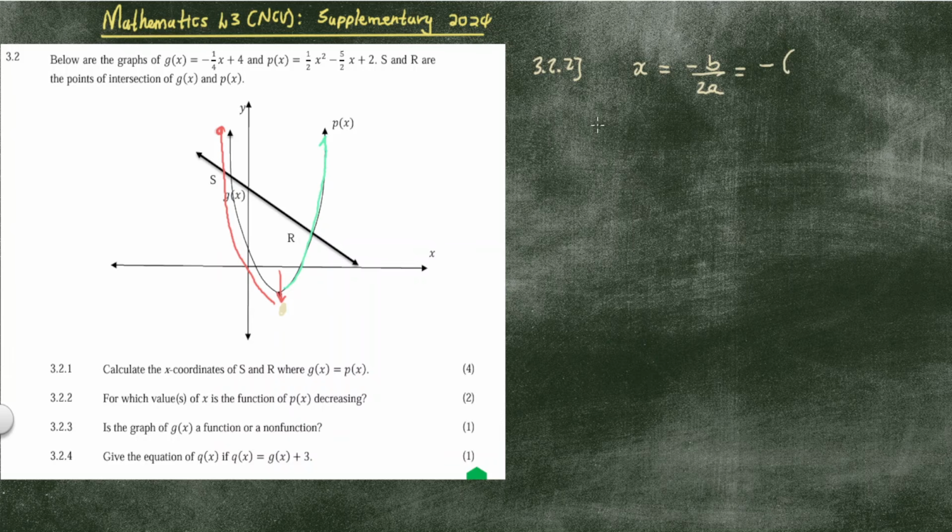Minus, what is b? I'm going to use the parabola equation to calculate x.